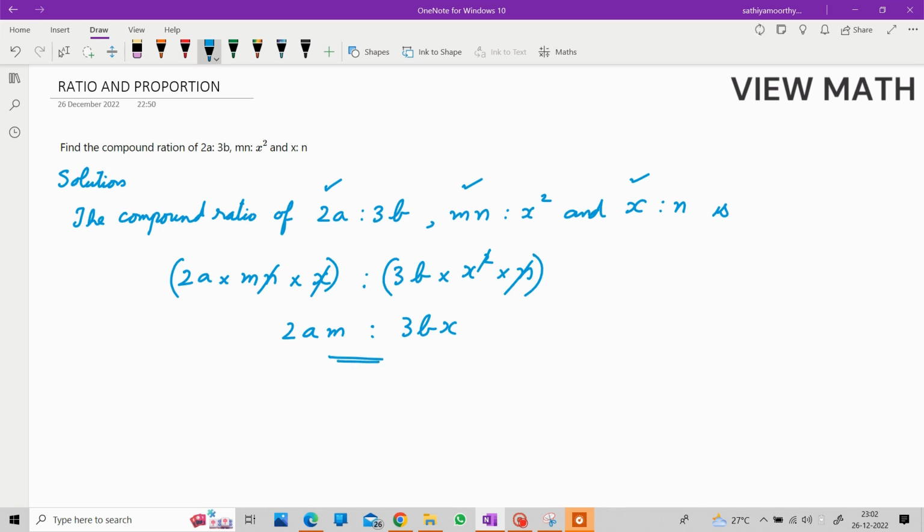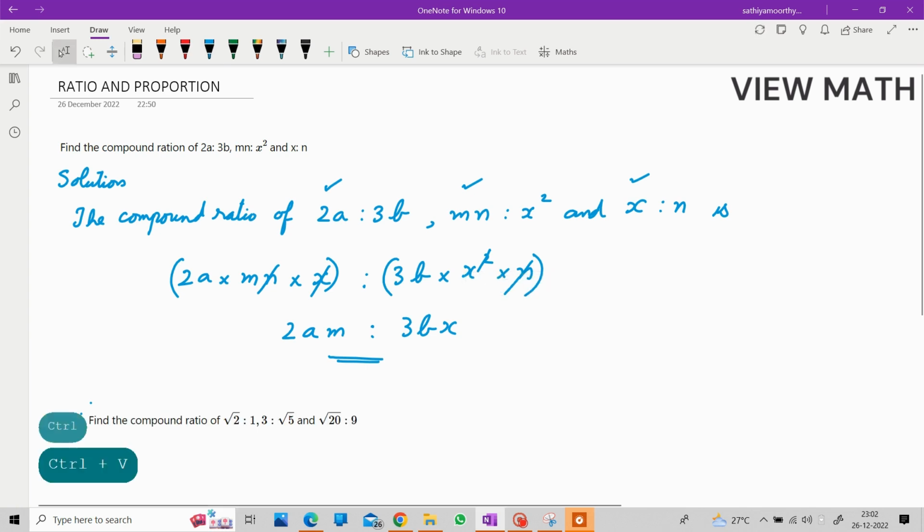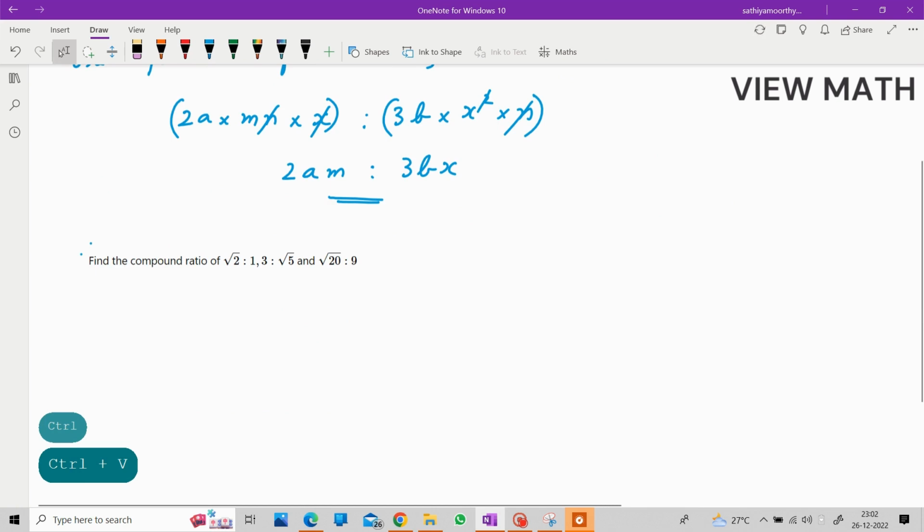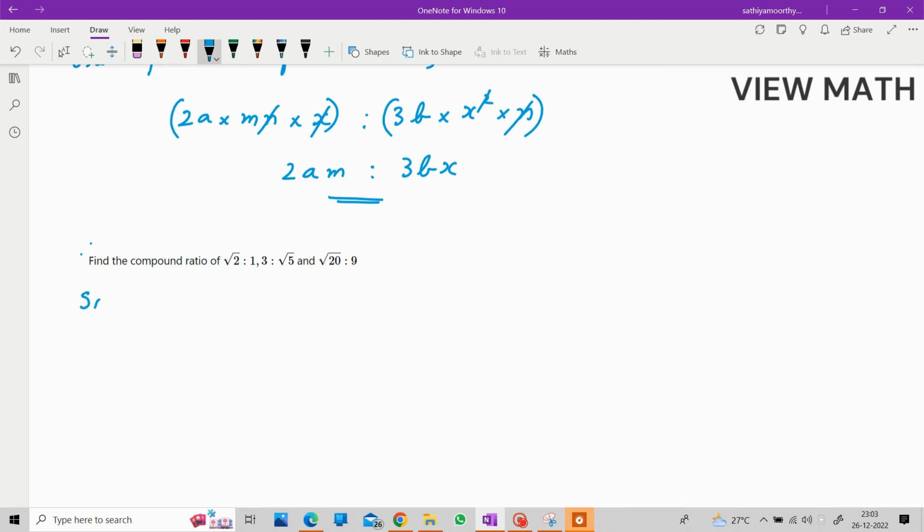Let me do one more problem. Find the compound ratio of square root of 2 is to 1, 3 is to root 5 and square root of 20 is to 9. Let me find the compound ratio of this.